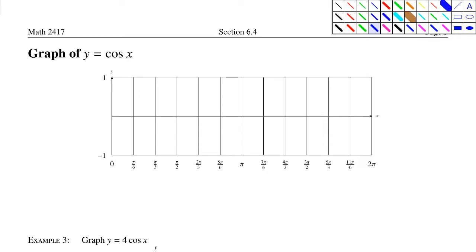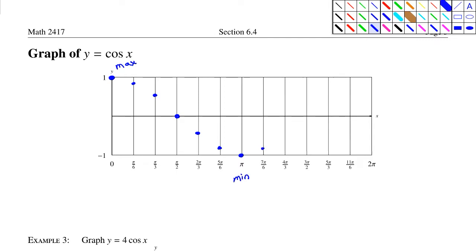Let's take a look at the graph of cosine. So the graph of cosine starts at its maximum, starts at 1. And then it has the values root 3 over 2, 1/2. Then at pi over 2, it reaches a 0. And then it goes down to negative 1/2, negative root 3 over 2, negative 1, so it reaches its minimum at pi.